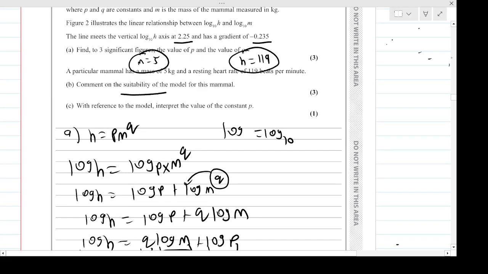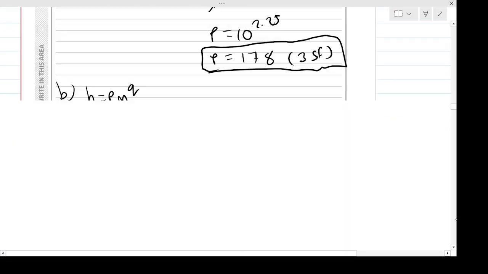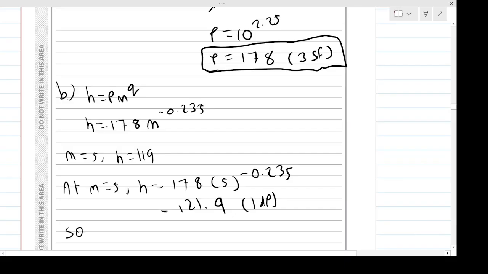So the suitability is, given that information, it matches with what they said. It matches with reality. Well, what happens when the mass is 5? It's 119. Well, we've got 121. That's pretty close. So it's suitable, right? So 121.9 is close to 119.